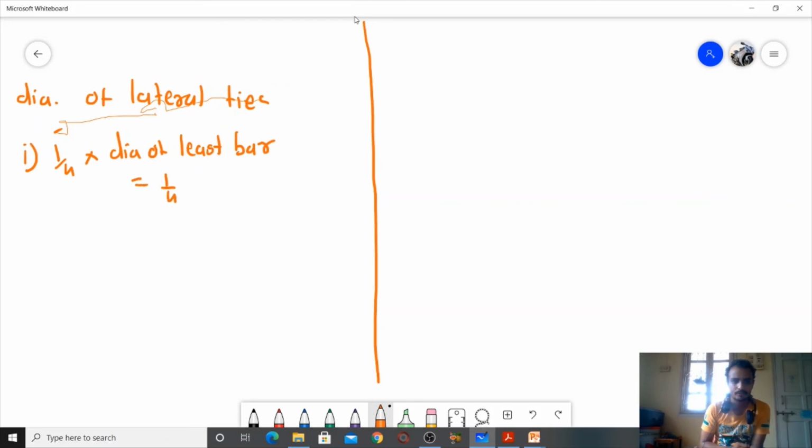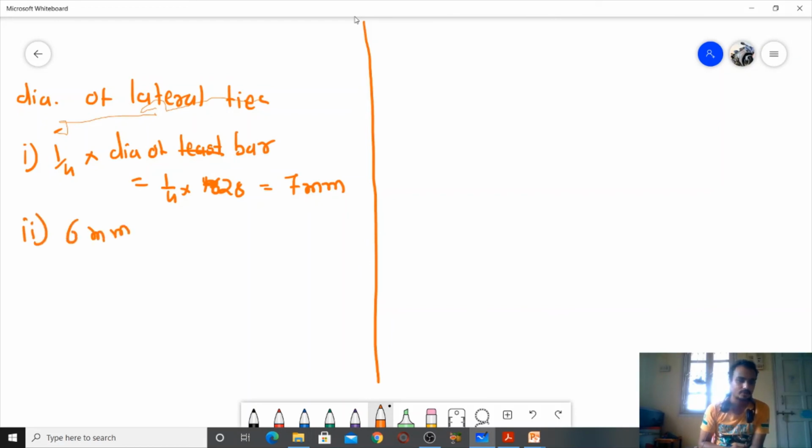So 1/4 into the 28 mm diameter we provided is 7 mm. And the second one is 6 mm.